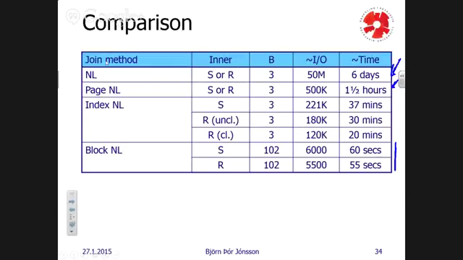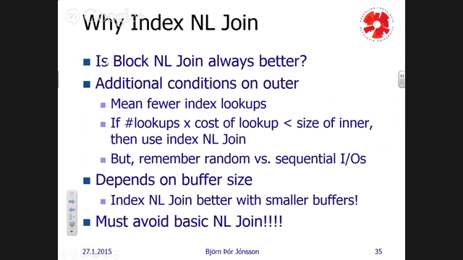But the question is, should we ever use index nested loops join? The answer to that is, if we have additional conditions on what I call the outer, which is the first thing that gets read, that means fewer index lookups, and so that could be beneficial. If we have to scan the whole outer relation and then just look up a few things, then that could actually be very cheap.